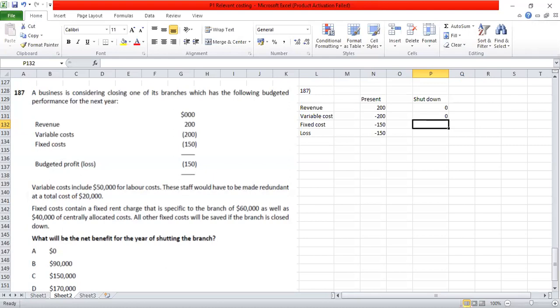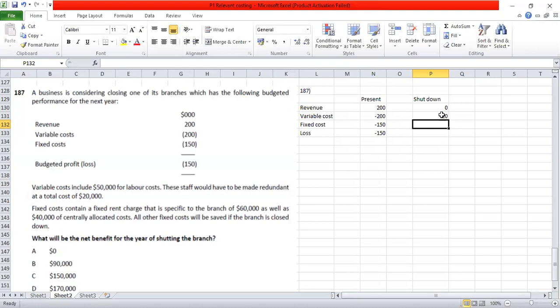So this is 50. So 20 will be required, minus 20. So 100 will be incurred.